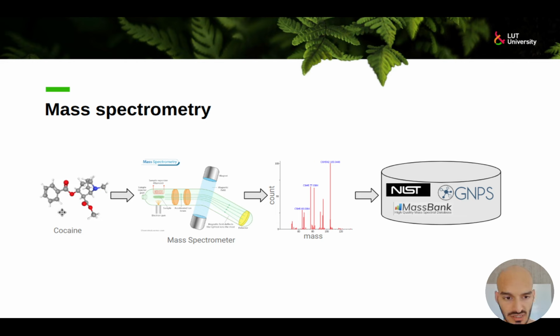What you get from a single molecule is a sort of histogram. Think of it as a fingerprint, and you store this fingerprint in a database. This is what mass spectrometry does.